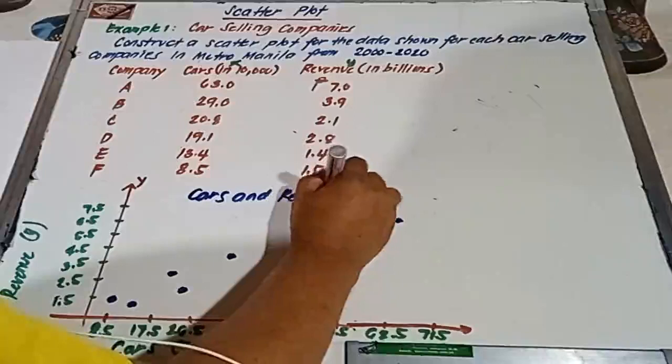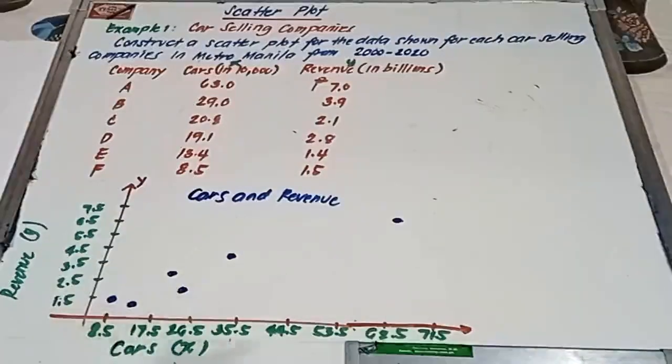Now, for our last step, that is step number 3, we're going to determine the type of relationship, if there's any relationship. Okay? And that is our 3. So let us analyze yung ating pong equivalent scatter plot of this data. Mapapansin natin parang merong kaunting positive linear relationship yung ating variables. Okay? Kapag ganito siya.